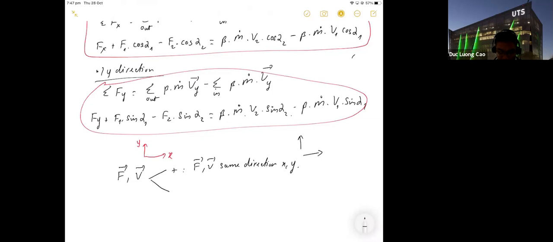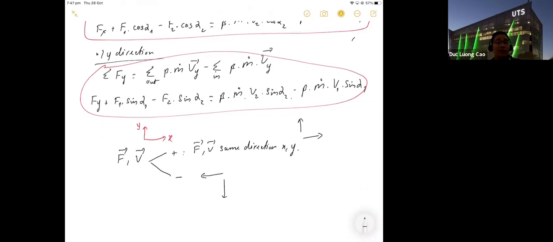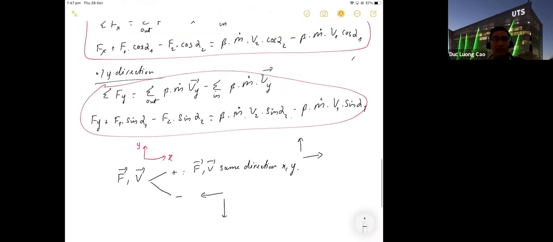This one will be negative if in this way or this way. So it's positive or negative. This is the momentum equation.